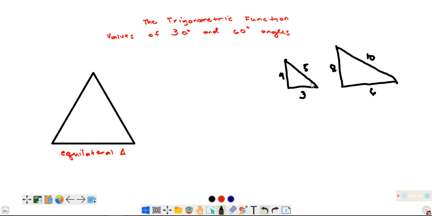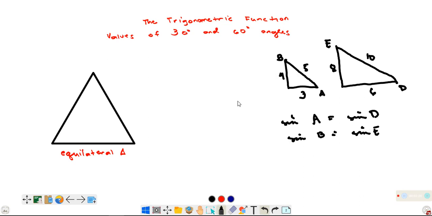And then this is your angle A, and this is your angle B. This is your angle D, and this is your angle E. So the trigonometric function value of A is equal to the trigonometric function value of D. So sine A is equal to sine D, and sine B is equal to sine E. And all the other trigonometric functions will follow the same rule.